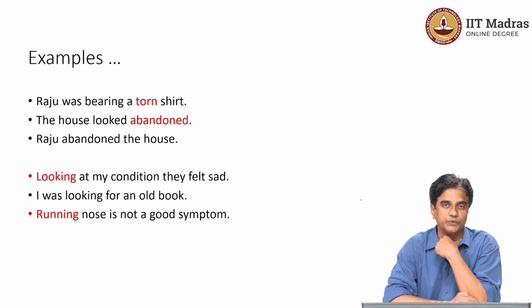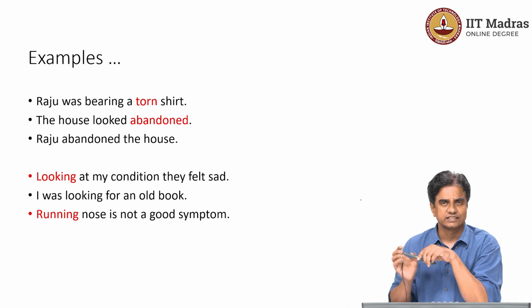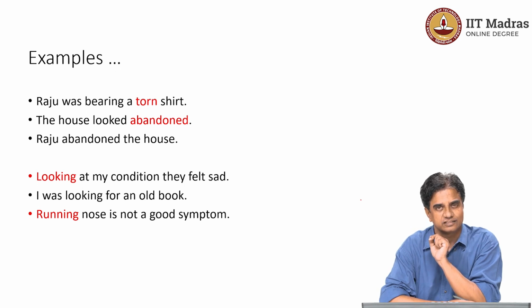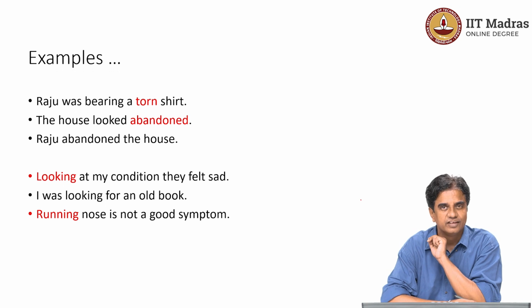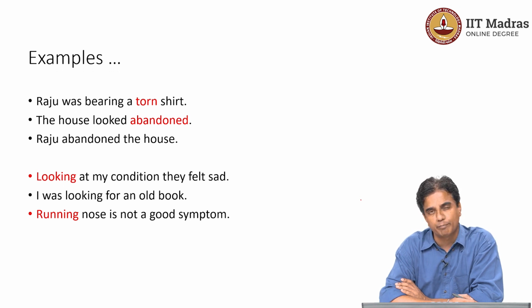Here are six examples for you to look at on this screen. As usual, you need to pay attention to the full sentence, but specifically to the elements in color, in red. So the first sentence says, Raju was wearing a torn shirt. The house looked abandoned.